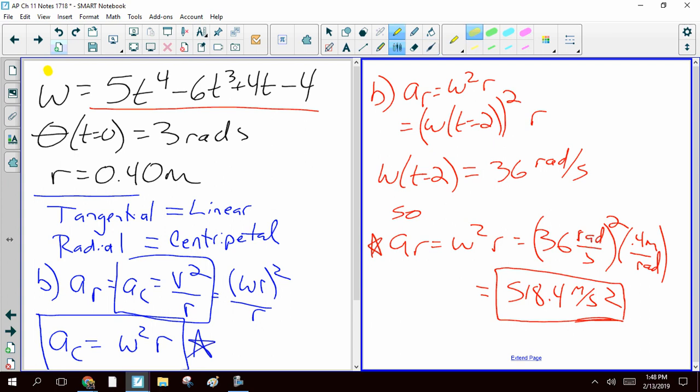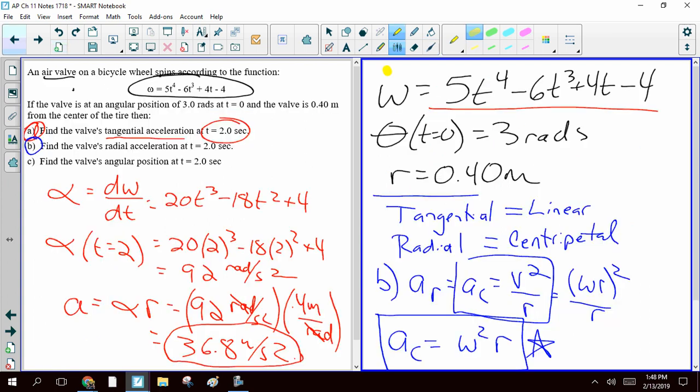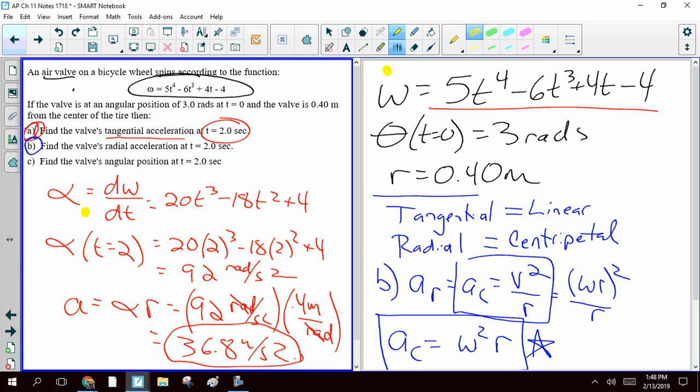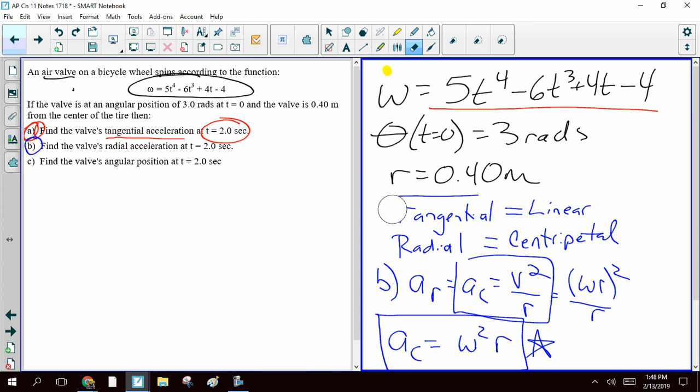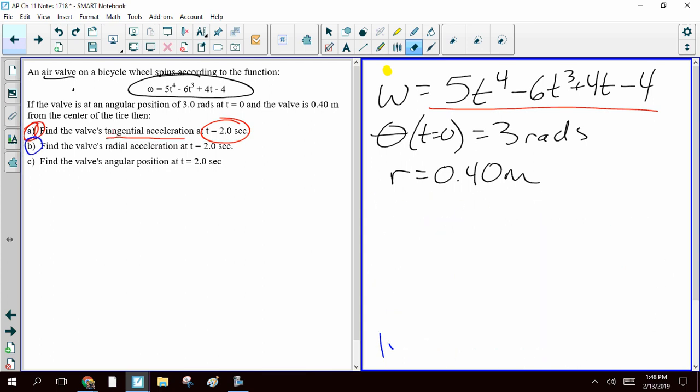All right, and then last example. Find the angular position after 2 seconds. I guess there's a couple ways of doing this. Again, I really encourage you guys to stick to those definite integrals as much as you can. So we've got our angular velocity.